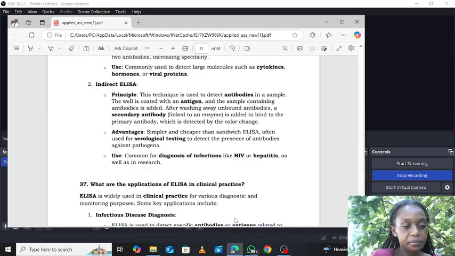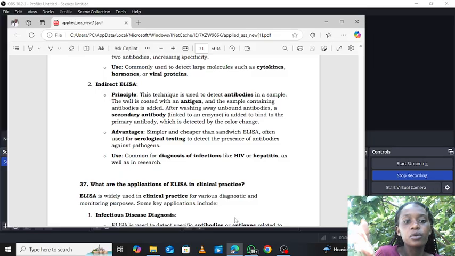As we know, indirect ELISA is used to detect antibodies in the sample. In the principle, they are telling us the well is coated with an antigen and the sample containing antibodies is added.